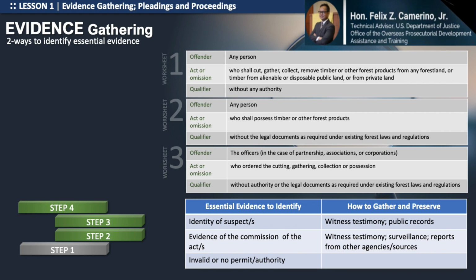Okay, in addition to that, there's also reports from other agencies as well as other sources. An example of other sources would be the media, right? As soon as they publish, and usually it's not just one outlet that publishes; it'll be multiple. When they publish, especially if it's printed, they'll have a record of the printed publication.